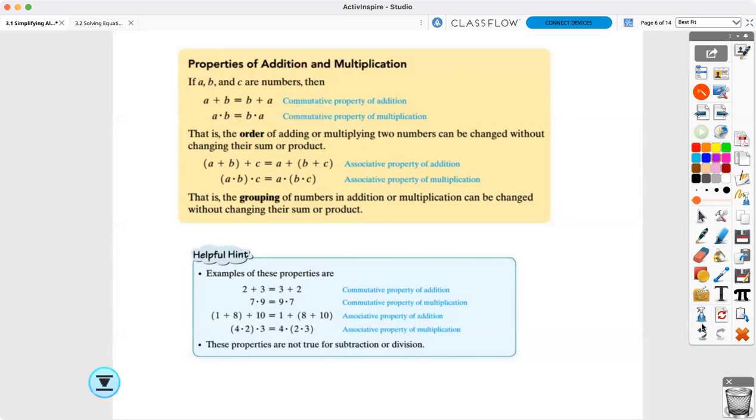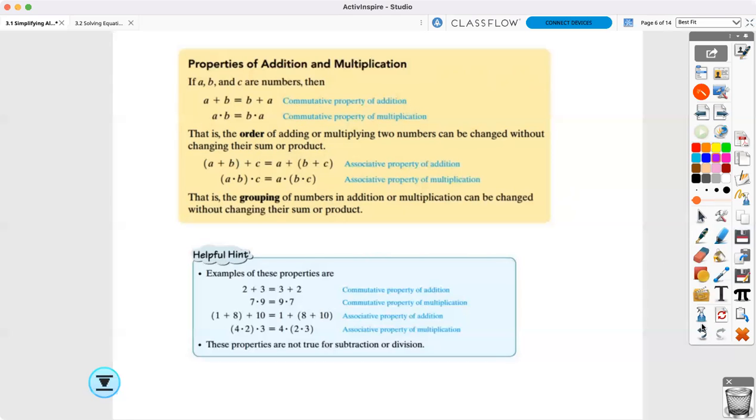The only operations that have commutative and associative properties are addition and multiplication. So that's why the order of subtracting and dividing matters, whereas the order of adding and multiplication does not. Does everyone see the difference?